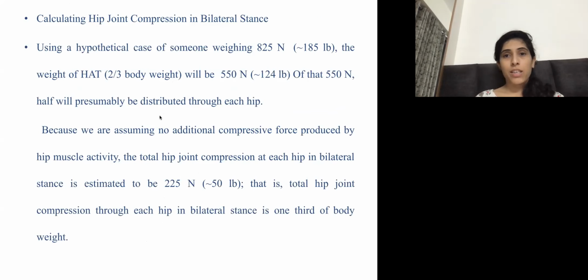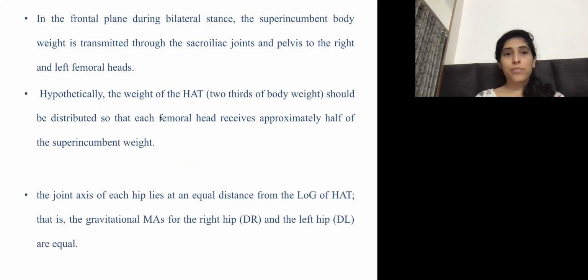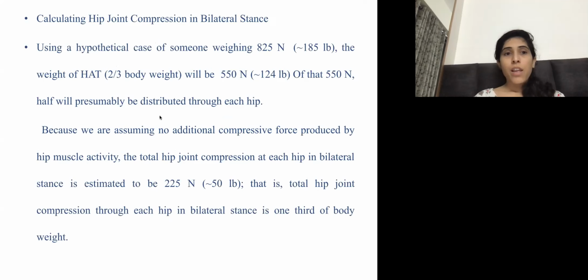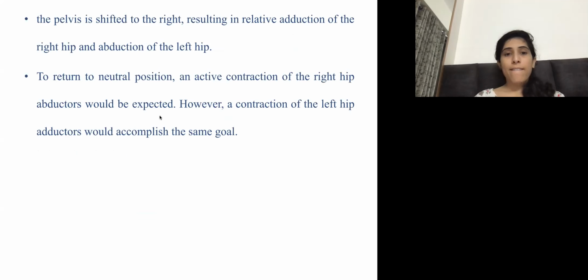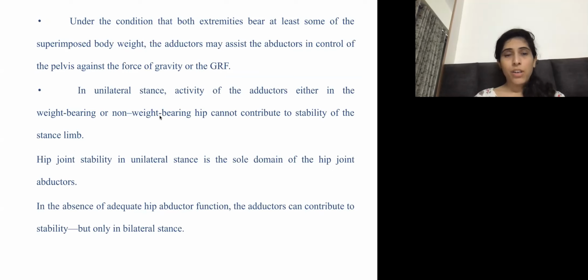So here we can see that during the lateral shift, we are shifted towards the right side. So adduction of the right extremity and abduction of the left extremity is seen. Under the condition that both the extremities bear at least some of the superimposed body weight, the adductors may assist the abductors in control of the pelvis against the force of gravity or the ground reaction force.